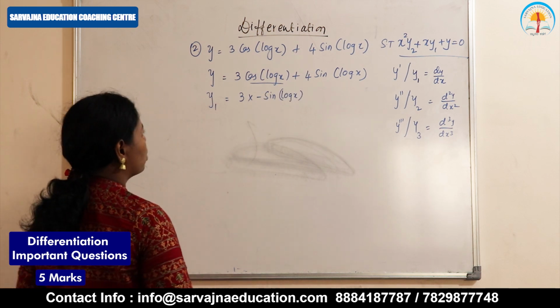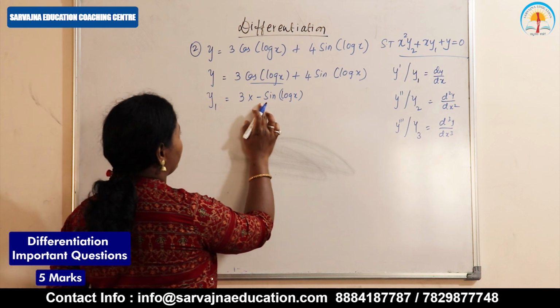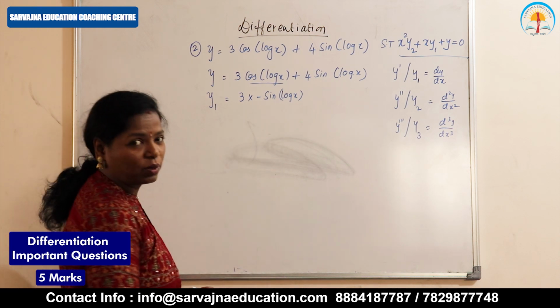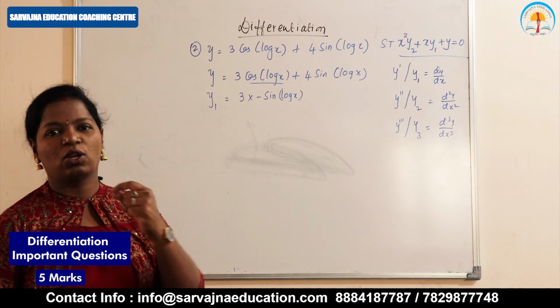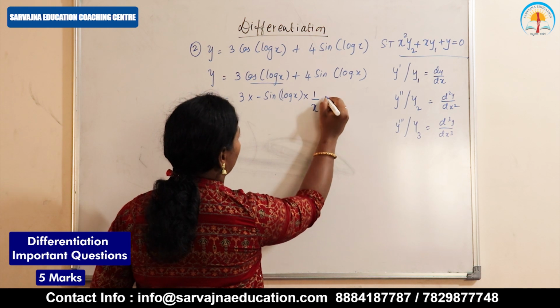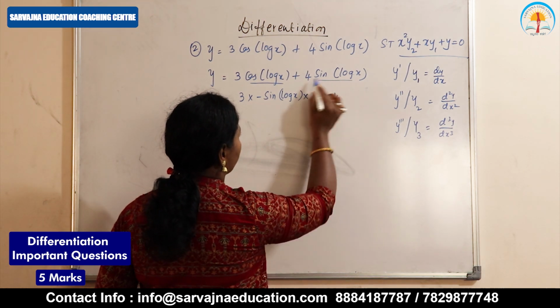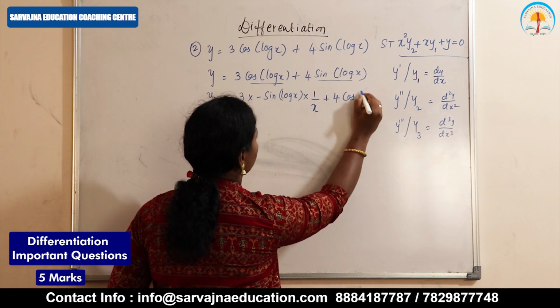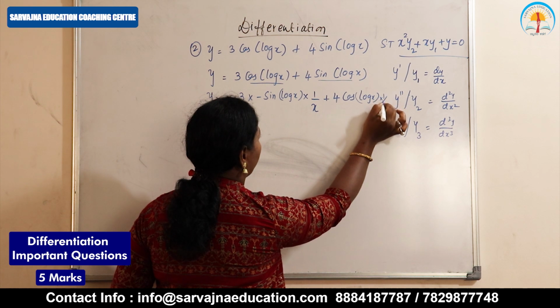What is the differentiation of cos x? It is minus sine x, so I have written minus sine. It's a chain rule, don't forget, but in the place of x there is a log x. Again, log x differentiation is 1 by x, plus 4 into sine log x, it looks like sine x. Sine x differentiation is cos log x, again log x differentiation is 1 by x.